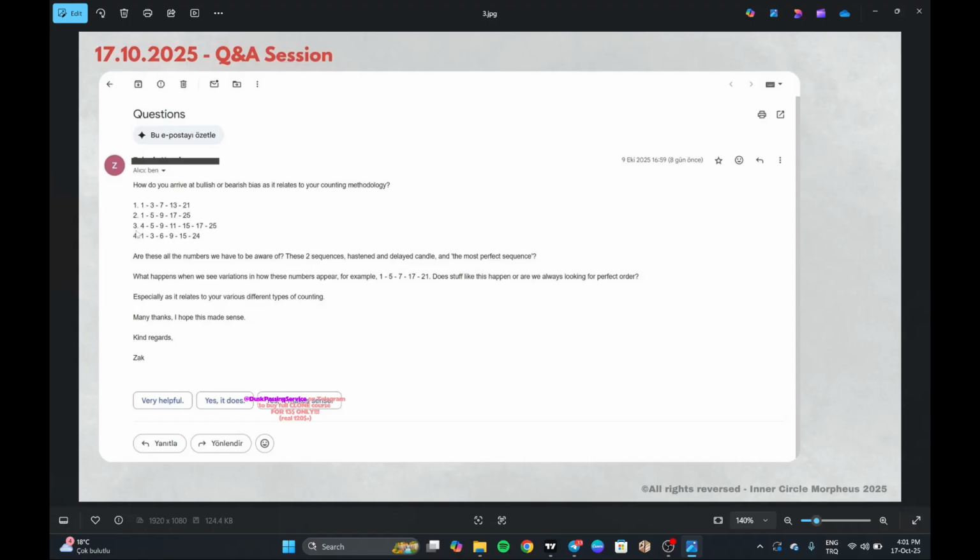The other ones here are not something I want everyone to focus on right now, especially this 3, 6 and 9. The 3, 6 and 9 thing is very rare in the market.